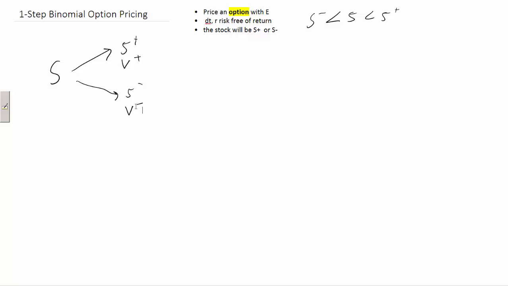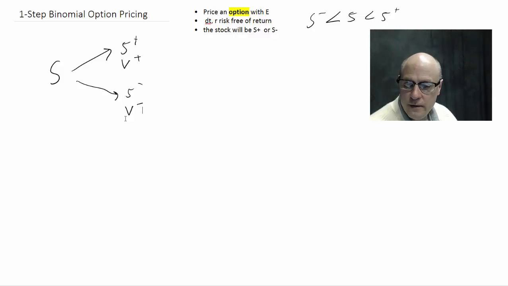Now maybe V minus is bigger than V plus. That's what happened last time with a put, or maybe V minus is smaller than V plus if it was a call. I don't know. We haven't specified what option it is, so we have to wait till you tell me what kind of option it is. Then I could figure out what the V plus and V minus are after I know what the S's are.